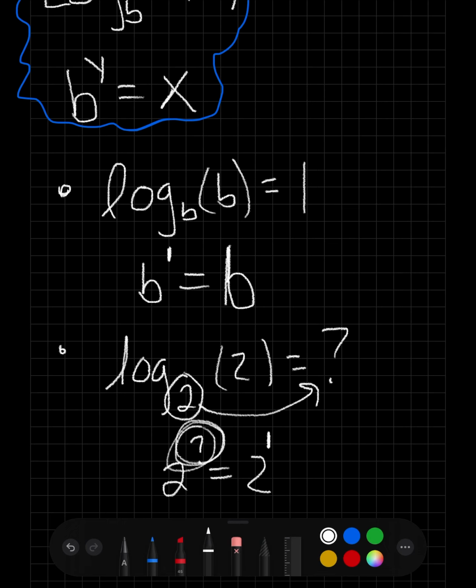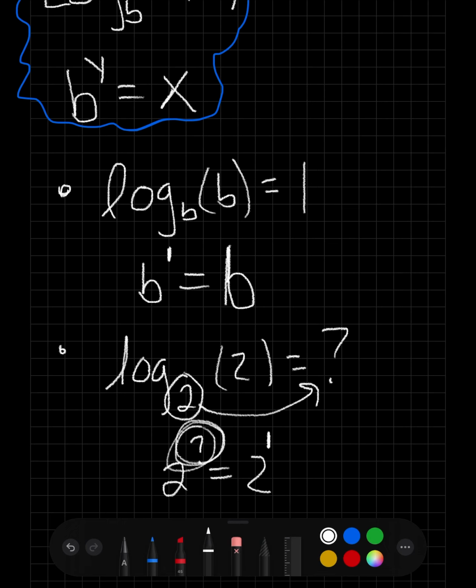So I'm going to remind you of the logarithm definition, and we're going to talk about how we can use that to solve some problems. Remember, we said at the top of this video, and I will say over and over again, that log base b of x is equal to y if and only if b to the y is equal to x.